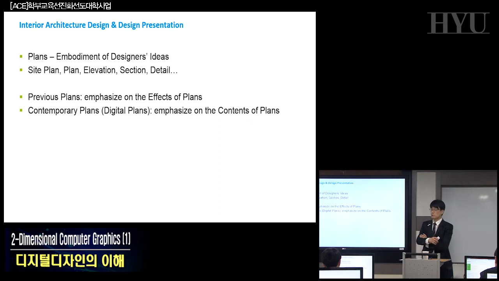You can express your design functionality, spatial allocation, and pedestrian circulation within spaces directly using your plans. Site plan, floor plan. The term plan usually means floor plan. And elevation, section, detail, they are all under the classification of plans.